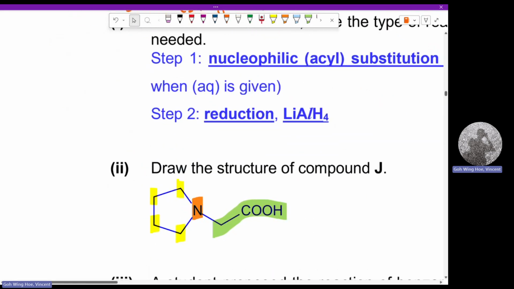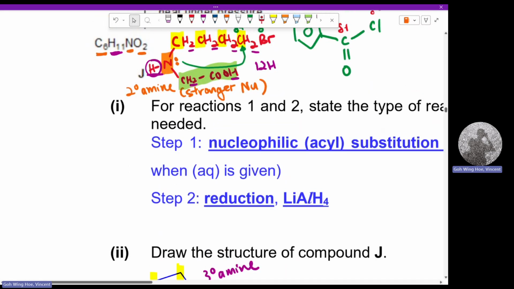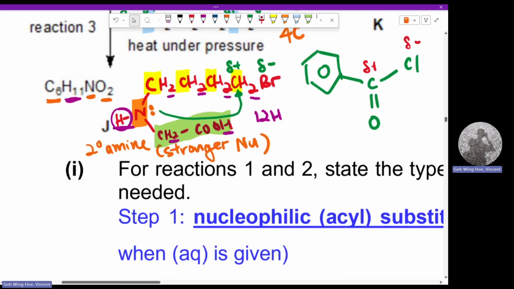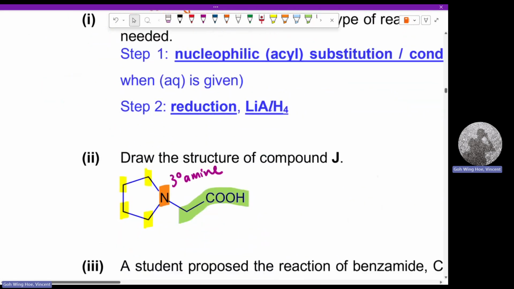So this compound that we have here is a tertiary amine. The hydrogen atom formerly found on the N atom can be substituted out when the lone pair attacks the electron deficient carbon on the right hand side of the CBr bond. Okay, so this question here is not so straightforward. You need to be mindful of the increasing strength of the nucleophile being formed as an intermediate.